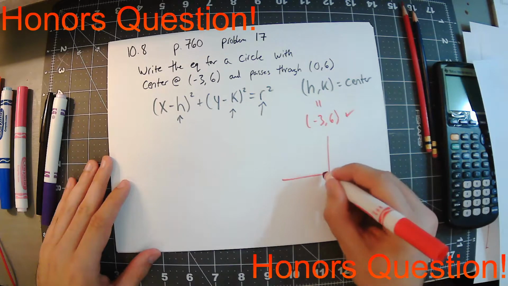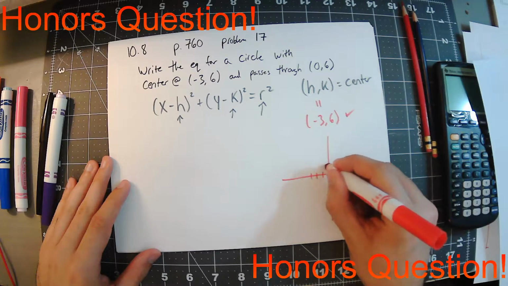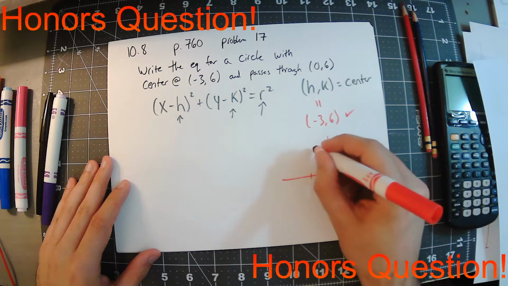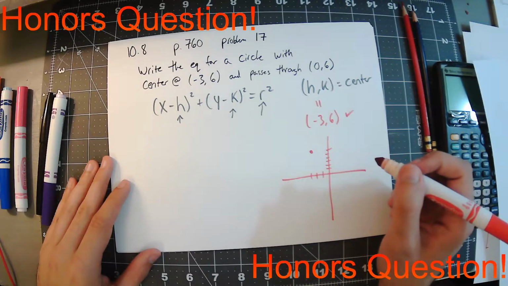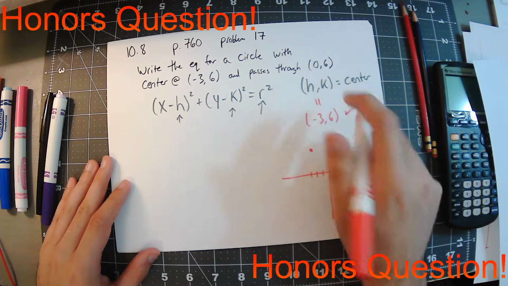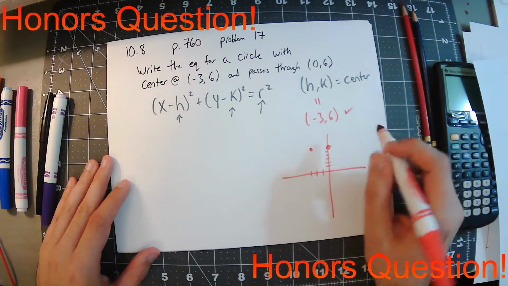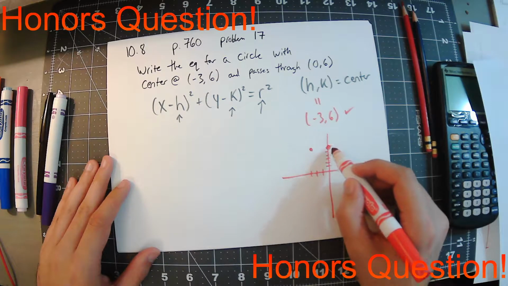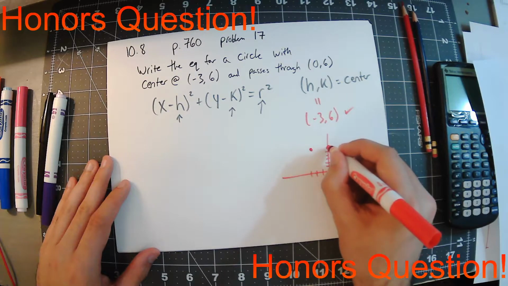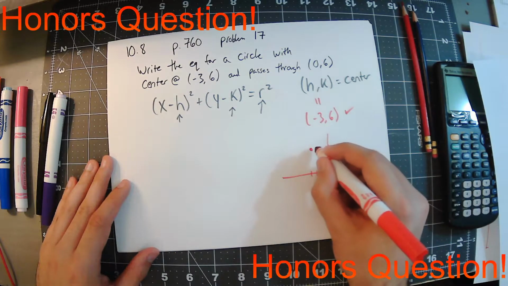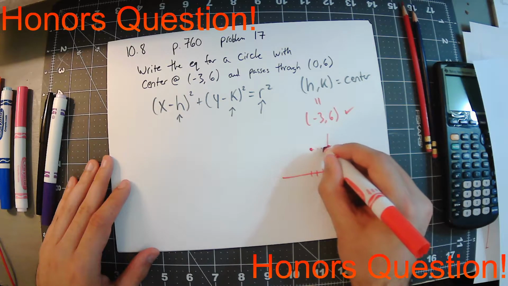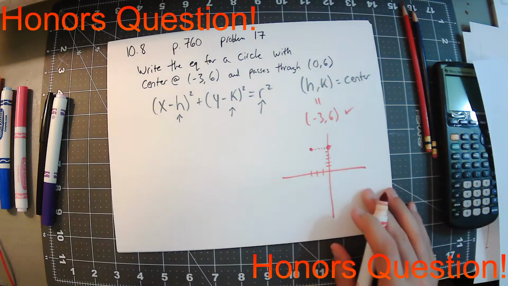So -3, then 1, 2, 3, 4, 5, 6. So that is where the center of the circle is. And it passes through 0, 6. That means the circle goes around like this and hits that point. This is our center. This is outside of the circle. So this is our radius. That is our radius.